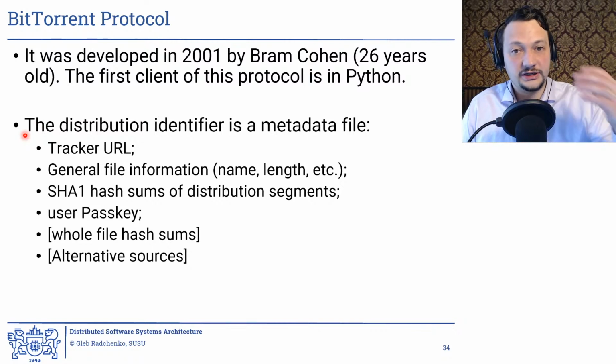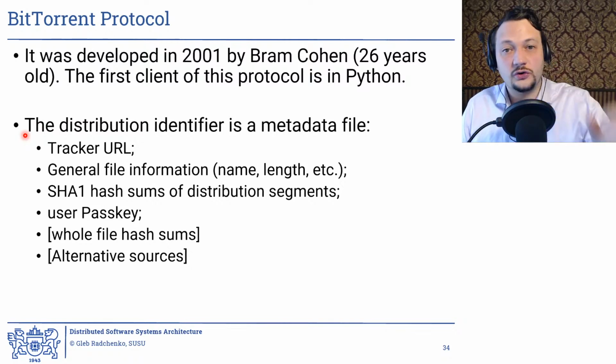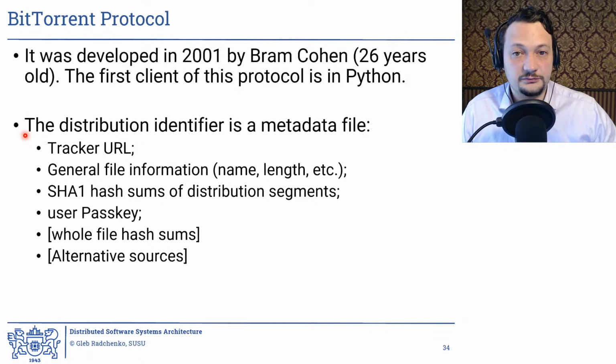The tracker is the index server that we discussed previously. The index server obtains the information about each of the clients that download or have the file that you would like to get currently. And the tracker allows you to communicate between the peers.